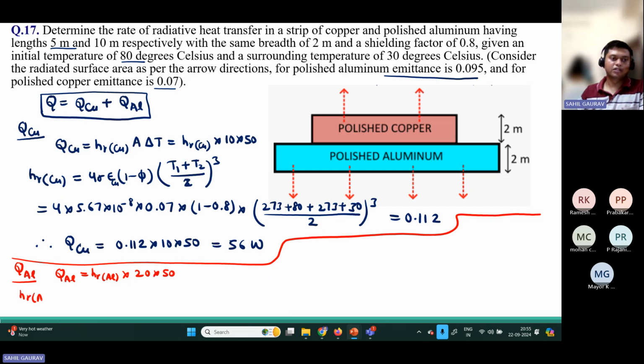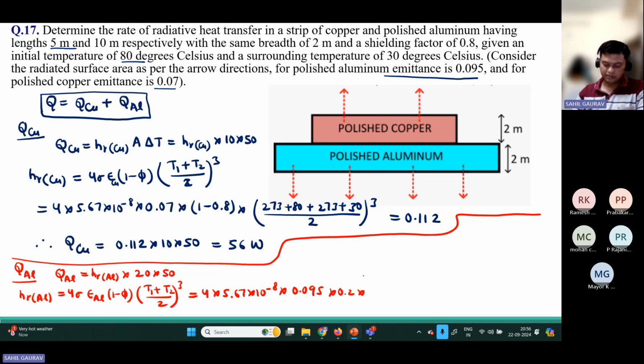And HR aluminum will be 4 into sigma epsilon aluminum into 1 minus phi into T1 plus T2 upon 2. So 4 into 5.67 into 10 to the power minus 8. Epsilon value is 0.095 and 1 minus 0.8, so you can write 0.2.